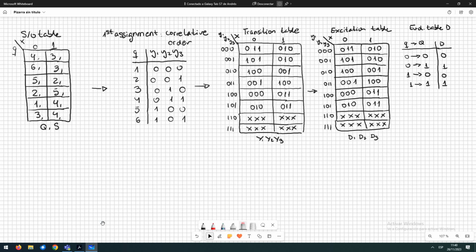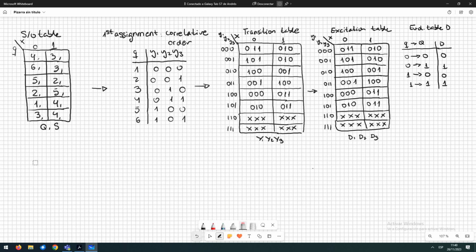Here we have this example in which we start with the state output table. Here we have the output, but I didn't write the output because we are not going to use the output in this example, just to avoid having so much information on the screen.